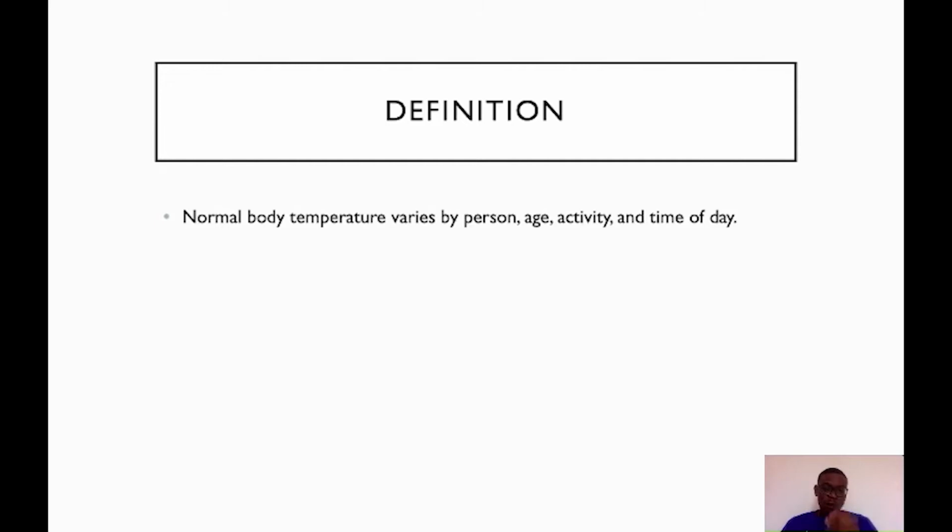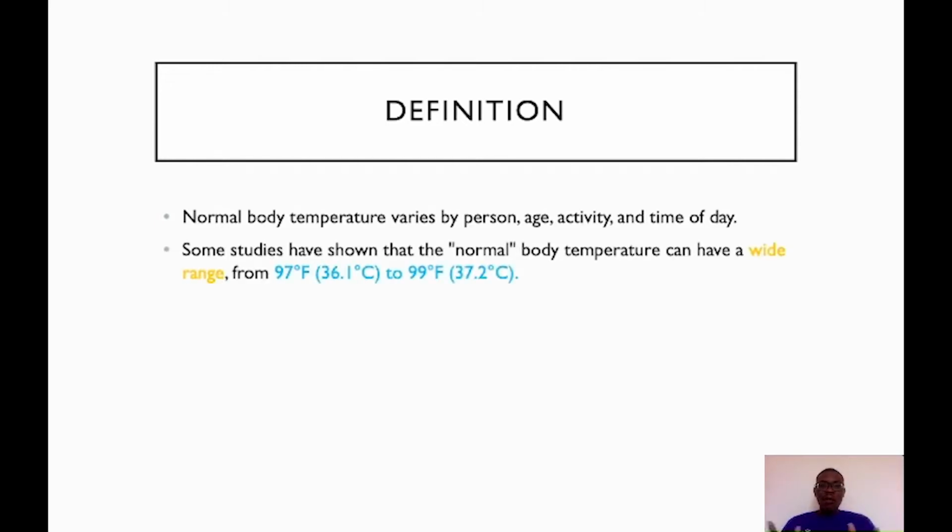Okay, so with that said, what WHO and other health organizations have done is that they have given us a range of normal body temperatures. Instead of giving a specific value, they have now given us a range looking at the different studies that have been done in different patients.